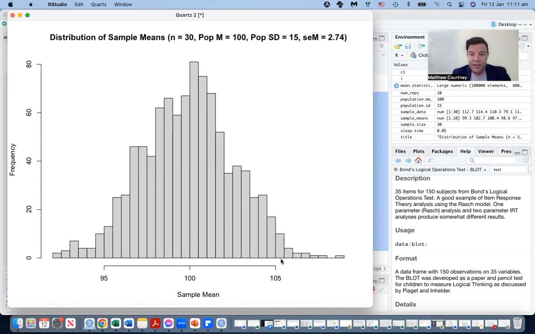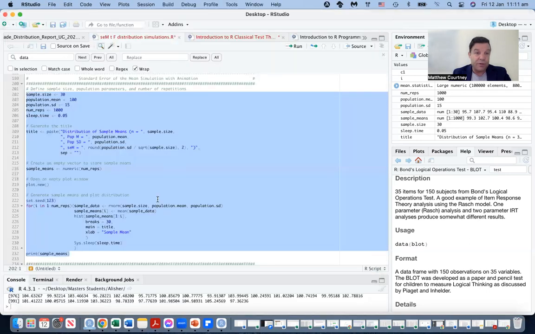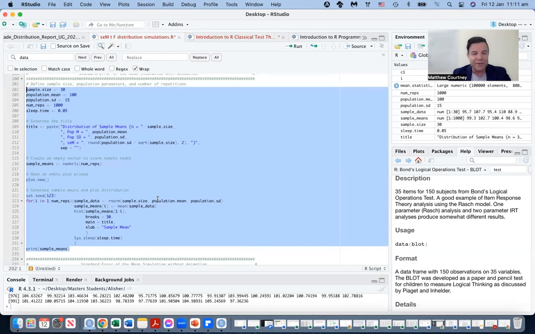And this looks like it's the case, right? 5.4, or 2 standard errors above and 2 standard errors below. And that was with repetitions of 1,000, a sample size of 30.